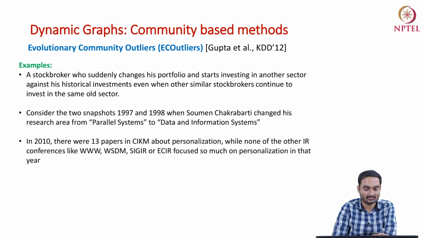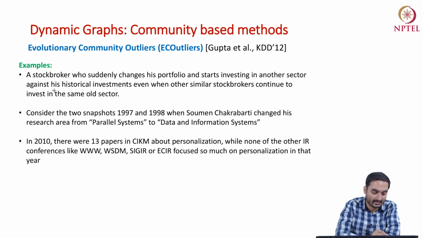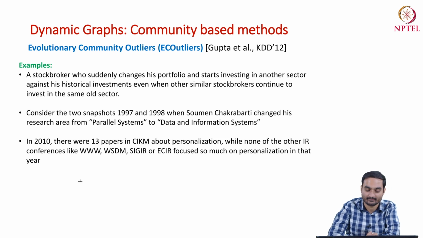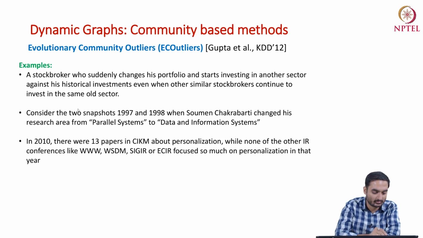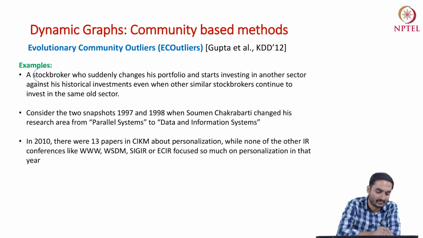Let's assume that a stockbroker suddenly changes his portfolio and starts investing in another sector against his historical investments, even when other similar stockbrokers continue to invest in the same old sector. This is definitely an outlier behavior.